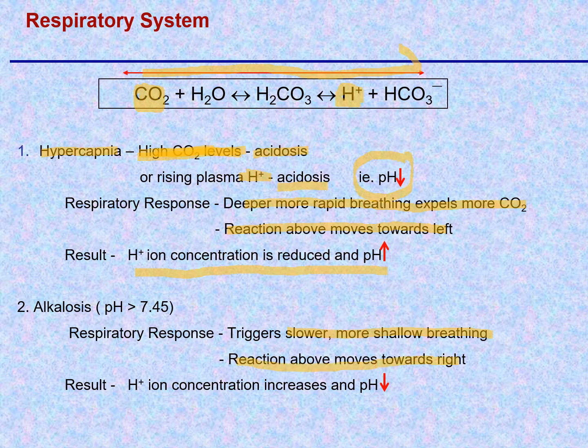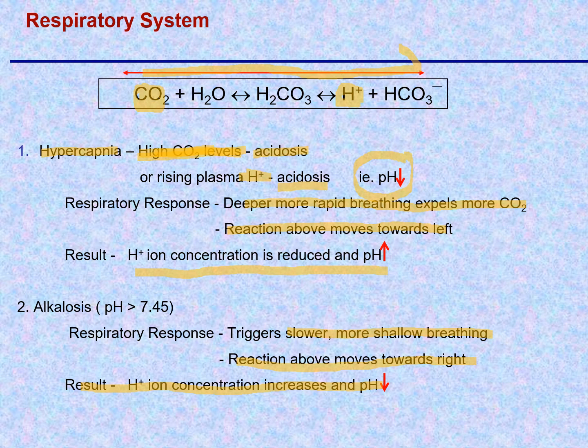So the reaction moves towards the right, the hydrogen ion concentration rises, and the pH drops back into the normal range. Your sensory nervous system is constantly monitoring the pH and sends signals to your respiratory centers, which respond by either breathing deeper and more rapidly, or slower and more shallow, to adjust pH.